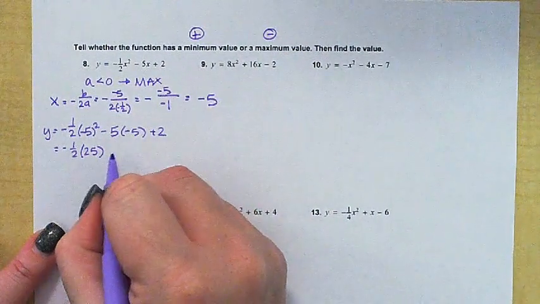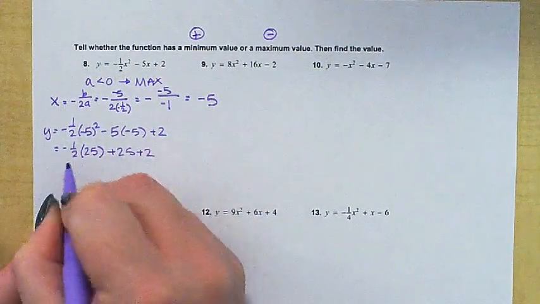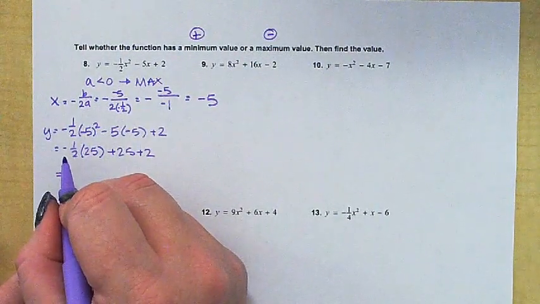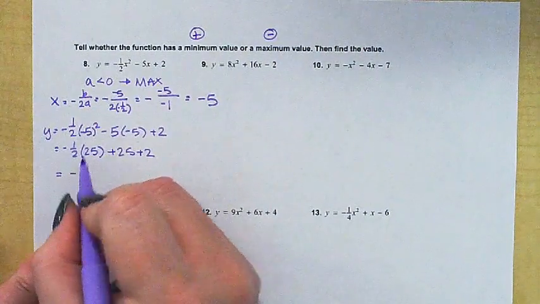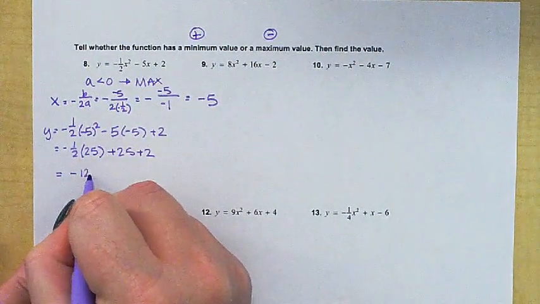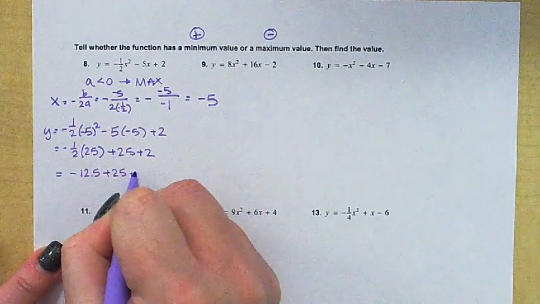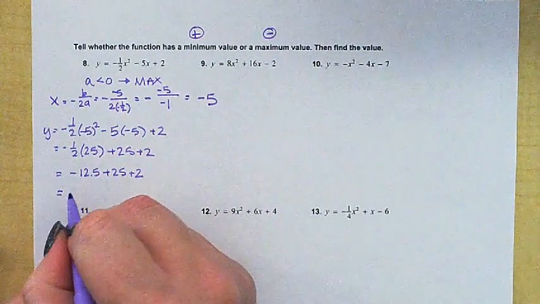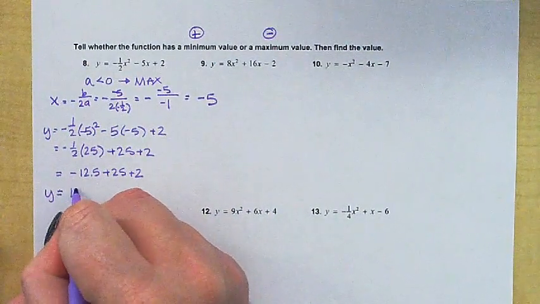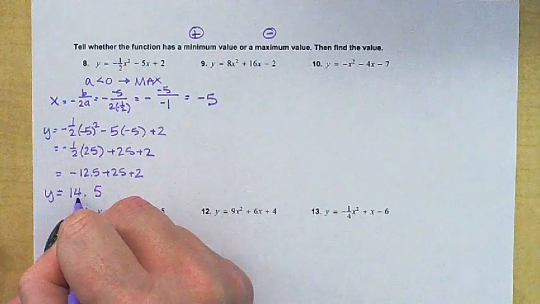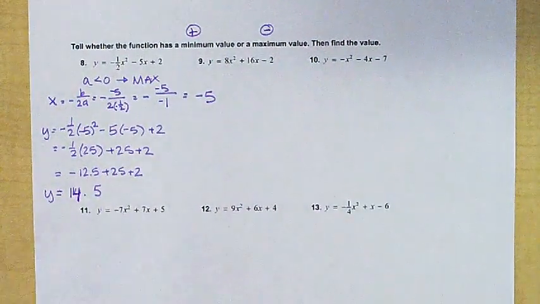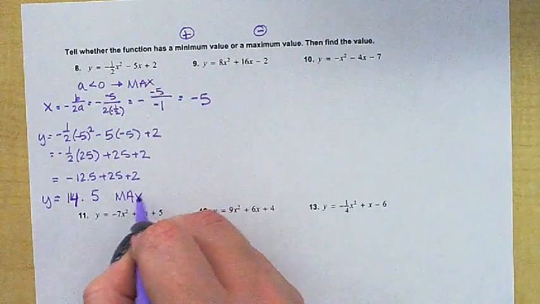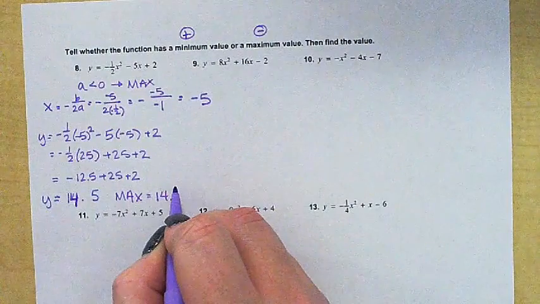We have a -5 times a -5, that's a plus 25, plus 2, and -1/2 of 25 is -12.5, plus 25, plus 2, which when combined together gives us y equals 14.5. This means our max, because up here we said we have a max, our max is 14.5.